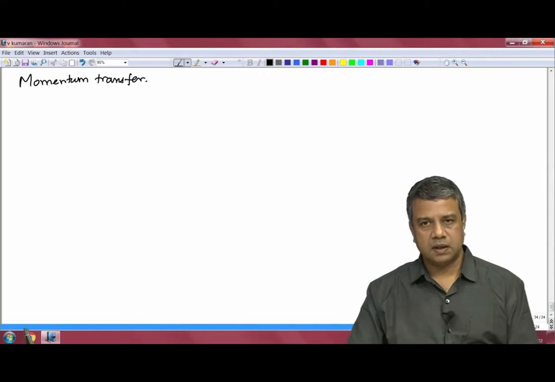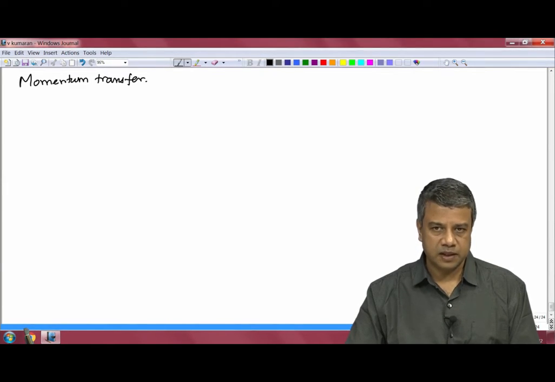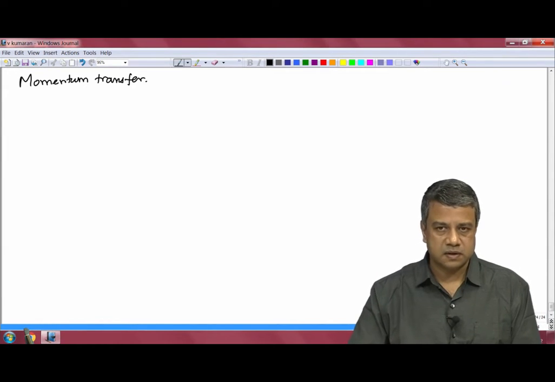We start with momentum transfer because the fluid velocity field is obtained by solving the momentum equations. So solving for the fluid velocity field is a momentum transfer problem. Once you know the velocity field, then you can put that into the equations for mass and heat transfer and then solve for the temperature or the concentration fields.